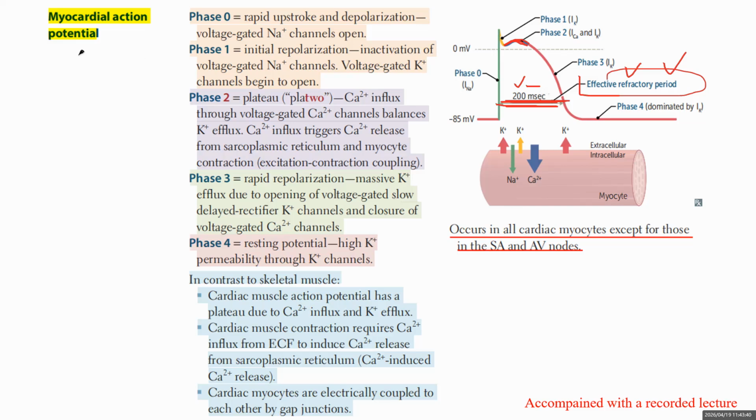Somebody can simply ask you, just to pick out whether you have noticed, why do we have the effective refractory period? Because of this plateau phase. If this plateau phase gets prolonged, the effective refractory period also gets prolonged. And this is physiologically important because the heart, working as a pumping organ, must contract and relax.